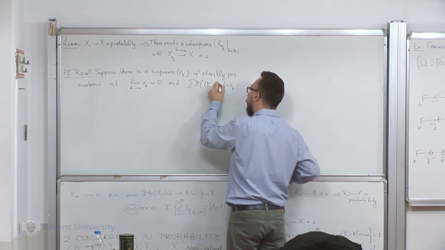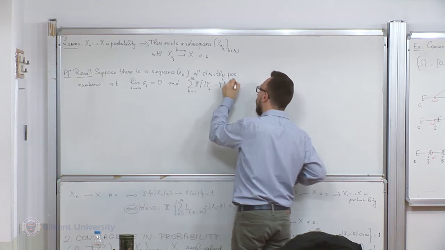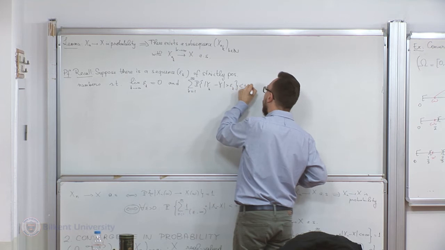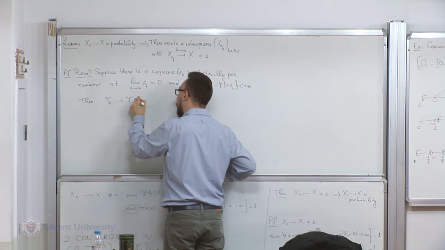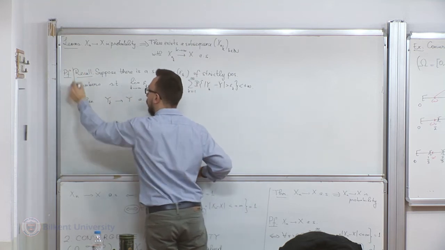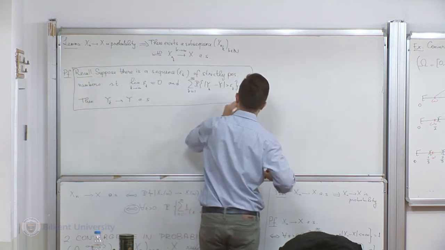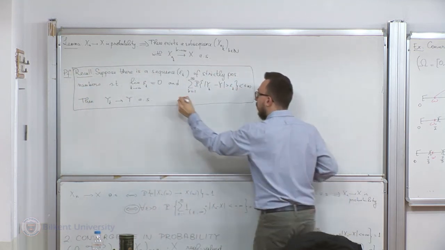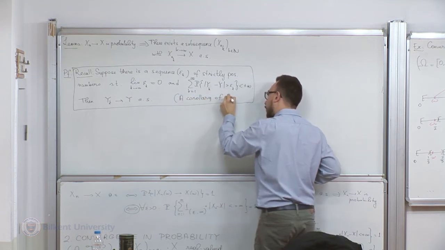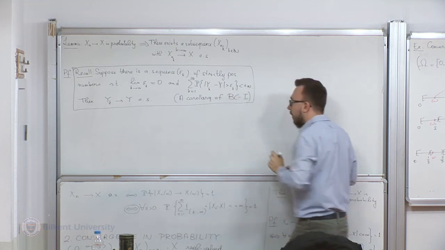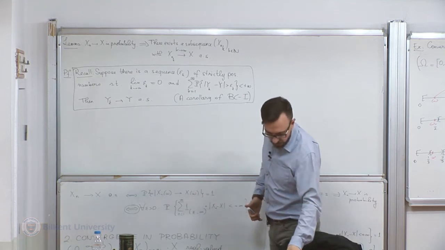I'm not going to use it for the full sequence, is finite. Then y_k converges to y almost surely. So it's a corollary of Borel-Cantelli number 1 from Friday.